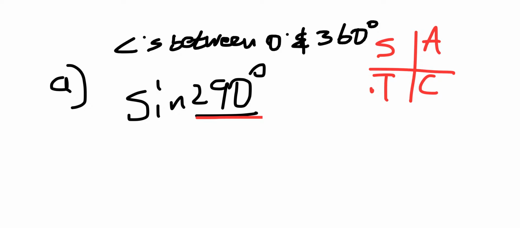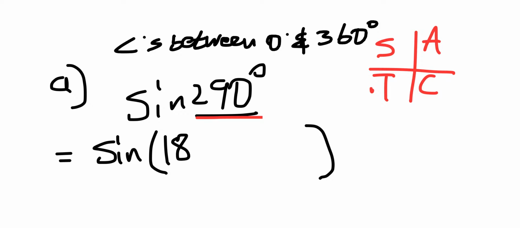So now let's start to do the work. I'm still having my sine, but I'm going to apply a reduction formula. You will have to say 180 degrees plus what? Let's see. I would just say 290 minus 180, I get 110.